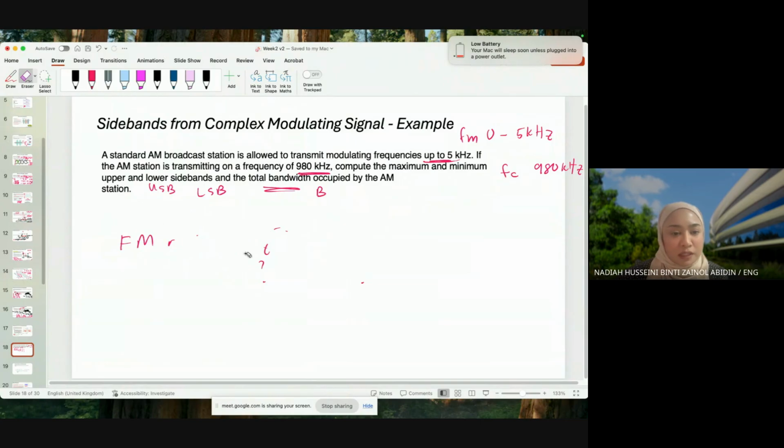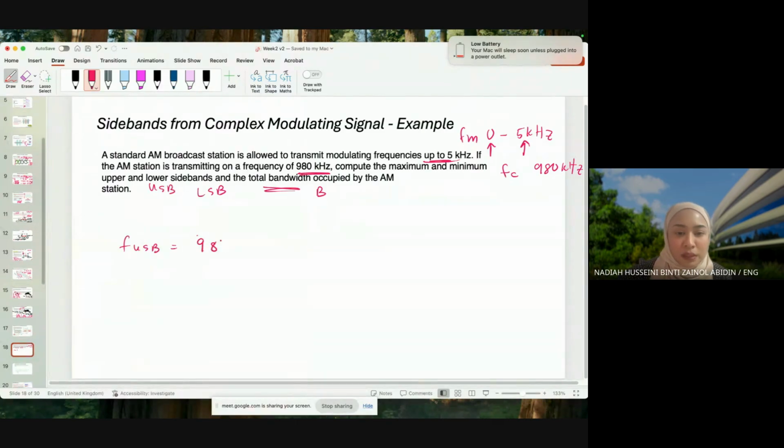This is pretty easy because it explicitly says what they want. FUSB: remember, your FM is a range, so your first boundary is 0, and you can't really do anything about the 0, so let's just calculate with 5.